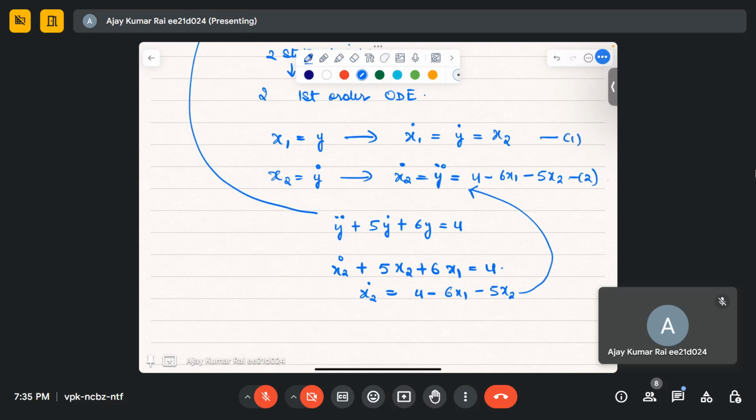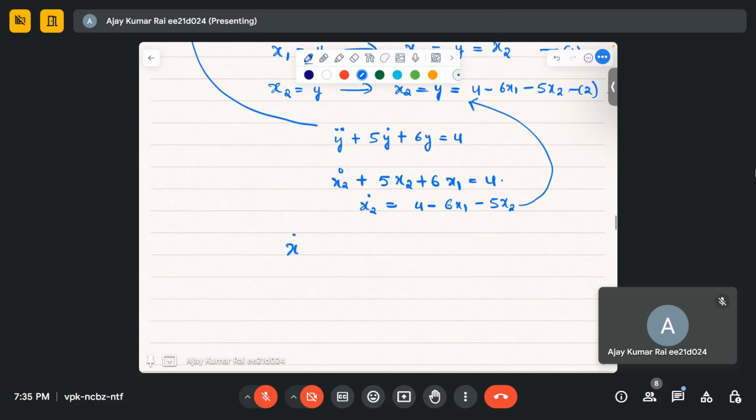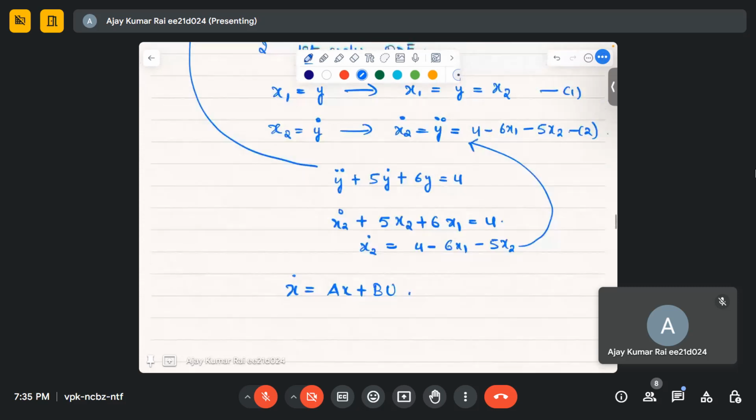These are the two state equations that you can write in matrix form. You know the general matrix form is x dot equals Ax plus Bu. So I'll write these two equations in this form.